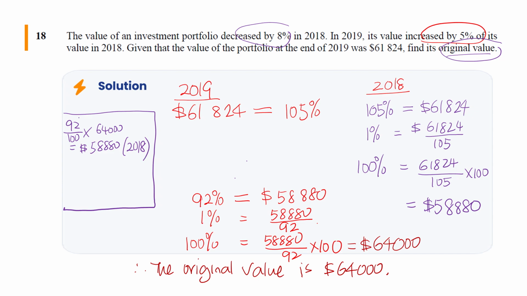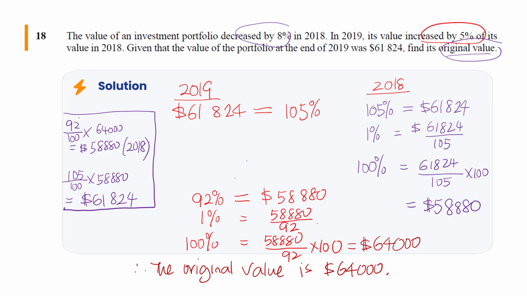Then this new value is increased by 5% in 2019. Increase by 5% means we are looking for 105% of this new value. Let's see how much we get. Yes, and the answer we have here is 61,824.